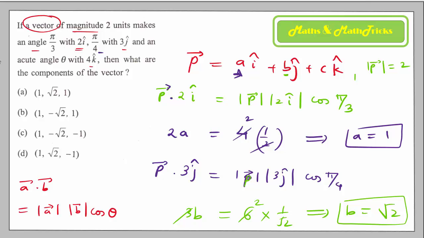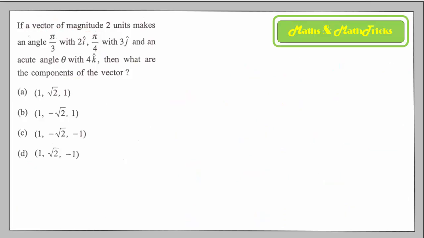Now they ask in this question, what are the components of the vector? By solving this much, you could know that the first component is 1, the second component is root 2, and they are in options A and D. So yes, we have to solve for the third component also. Now what else they said: the vector makes angle theta with 4k cap.